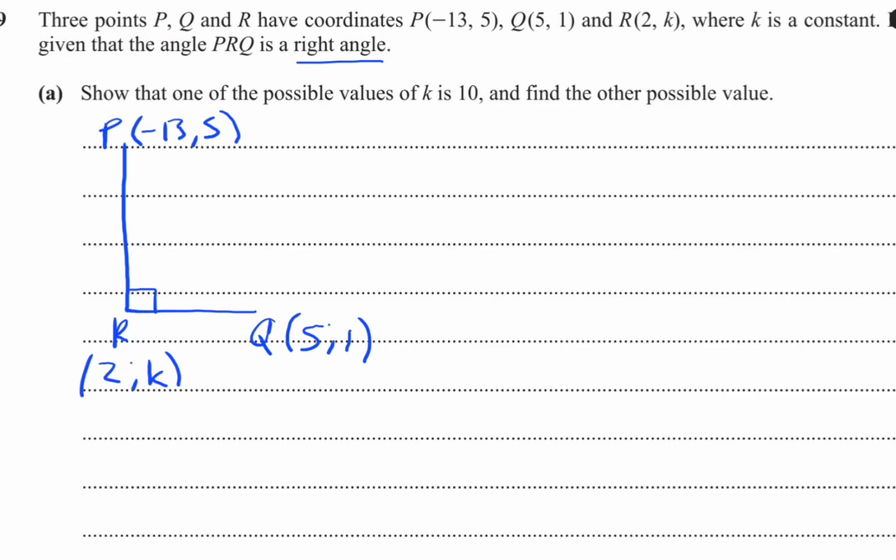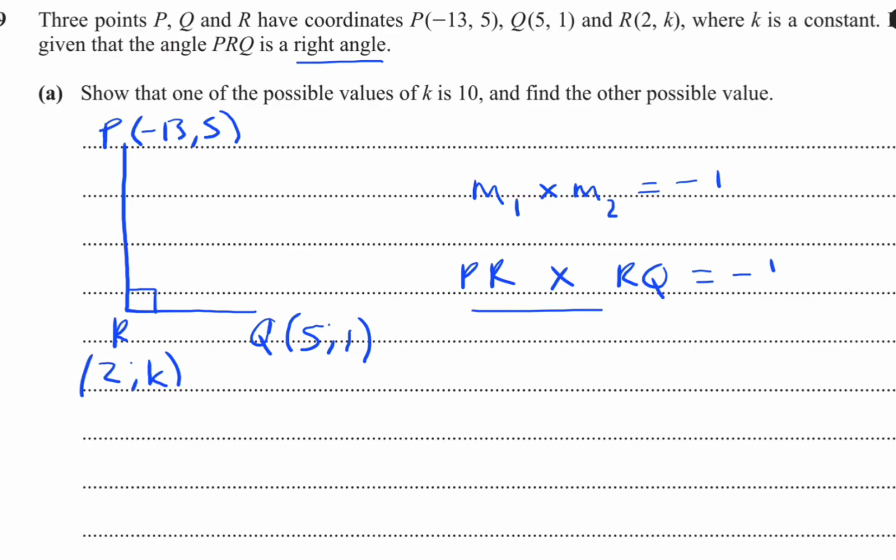And we know for perpendicular lines, or lines meeting at 90 degrees, the gradient of the first line multiplied by the gradient of the other line should give us minus 1. So in our case, the gradient of PR multiplied by the gradient of RQ should be minus 1.